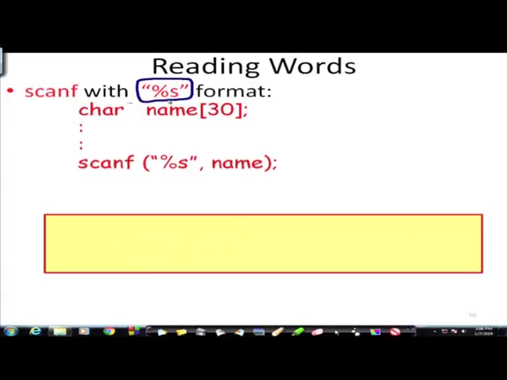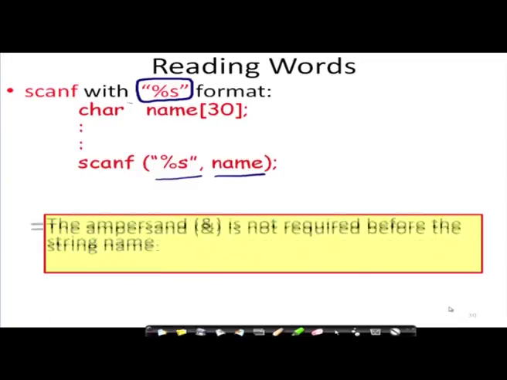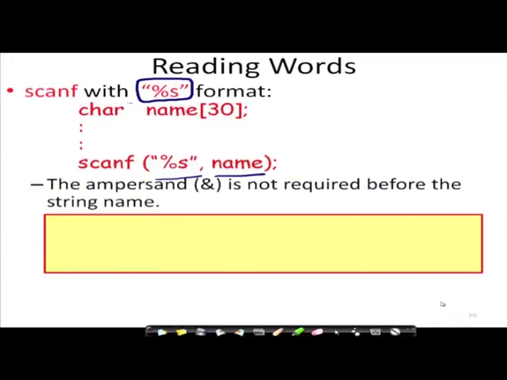With %s, if we read a name, it has to be noted that the ampersand is not needed in this case. The ampersand is not needed when I am reading a string.